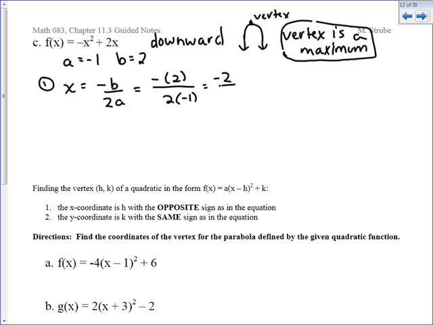It's negative 2 over negative 2, or positive 1. So that's the x half. I use that little formula, negative b over 2a, and that tells me the x half of my vertex.